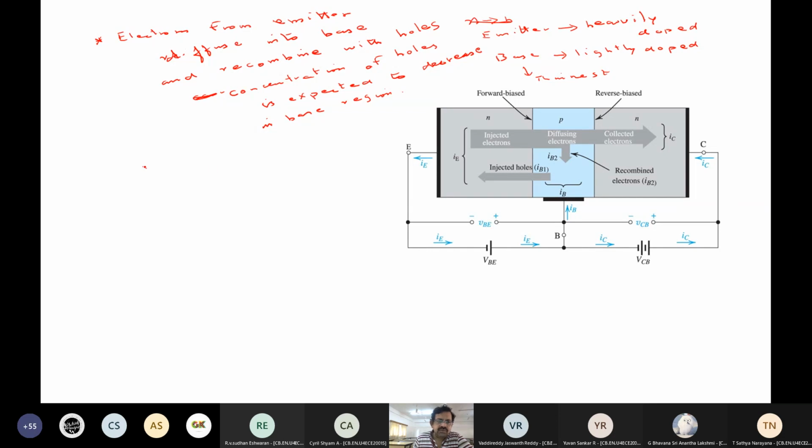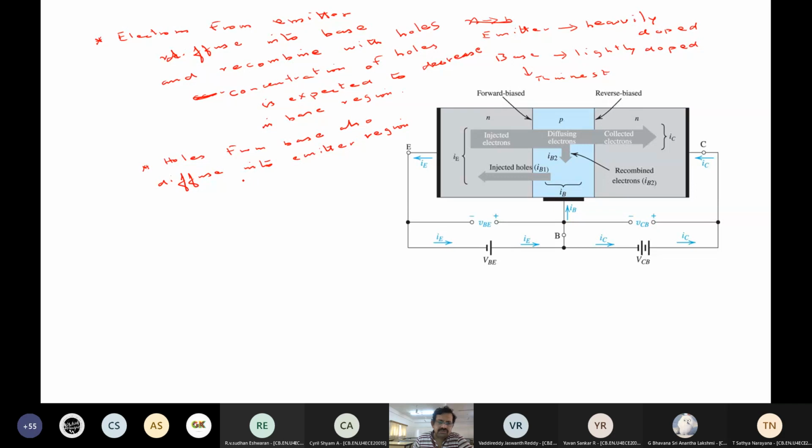So we also note that the holes themselves, holes from base, also diffuse into the emitter. So one of the components of the base current is this. The holes from base also diffuse into the emitter region.